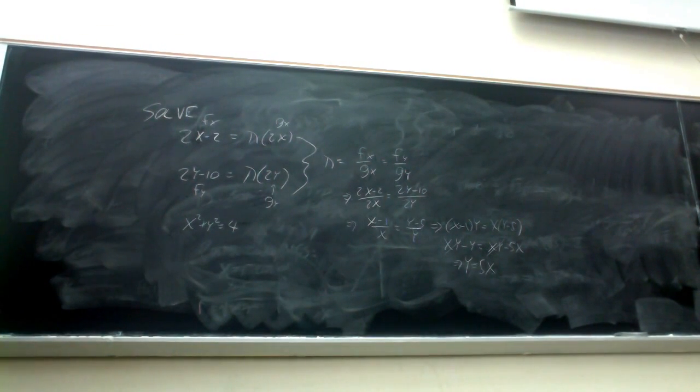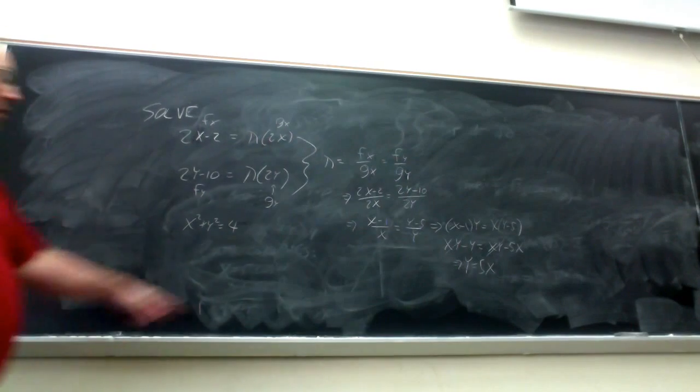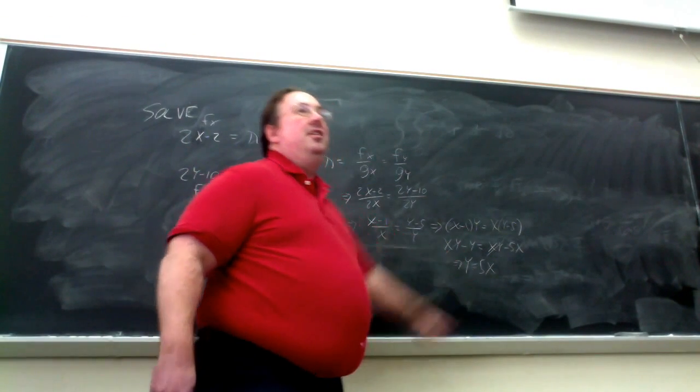So that lets you eliminate y. But this doesn't help you get x or y individually. It just shows how they're related. If you can figure out x, then you have y. So what should we do with this?